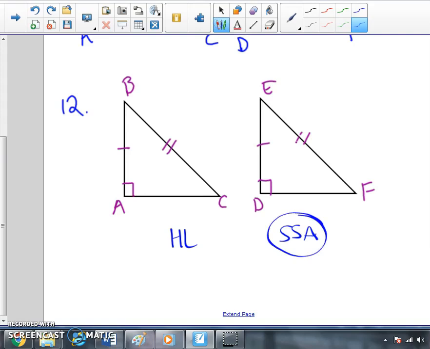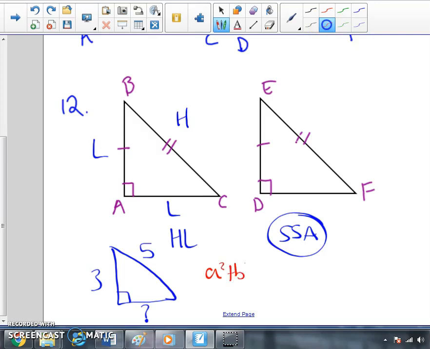But we're asked to say, can we say hypotenuse leg? Because in a right triangle, these are each of my legs, and that's my hypotenuse. So what we know that's interesting is if from Math 1, if I know this is a right triangle and I know this length is 3 and this length is 5, is it possible for me to get this missing length? And we said yes. We know that missing length because we can use Pythagoras' theorem, a squared plus b squared equals c squared, and that length would actually be 4.